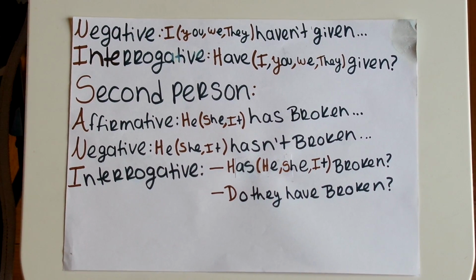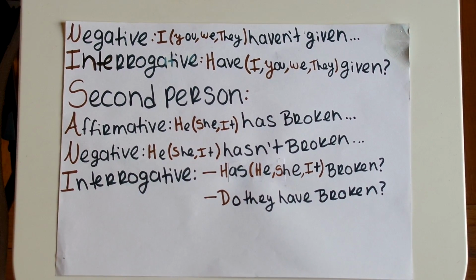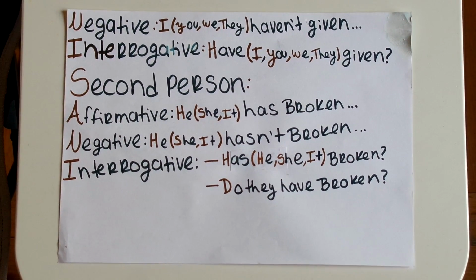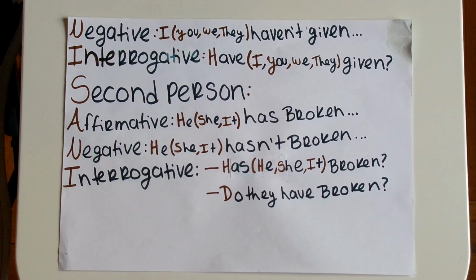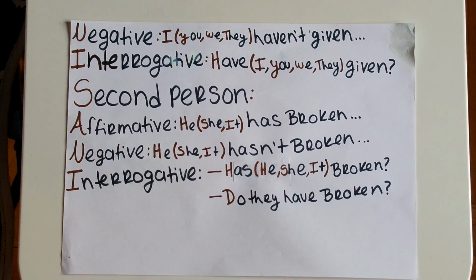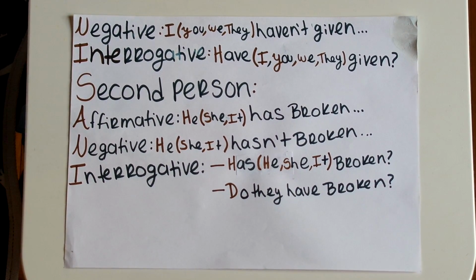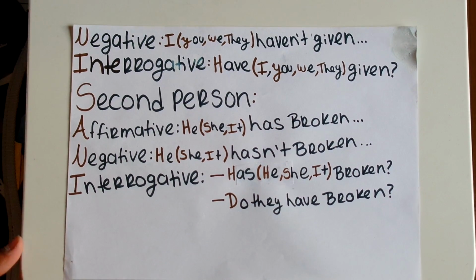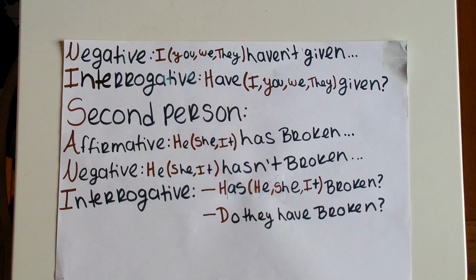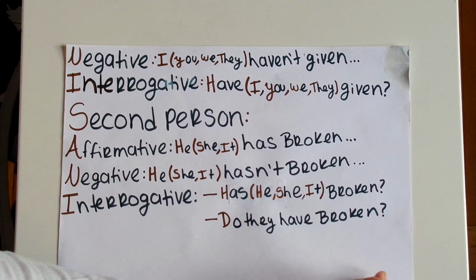In an interrogative way, lastly, is has he, she, it broken, where the subject is he, she, or it, and the verb will be broken. And at last, the last interrogative question will be, do they have broken?